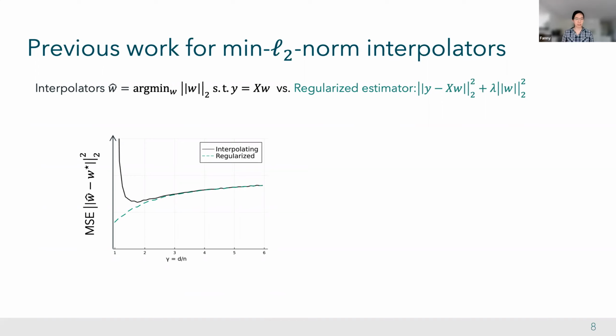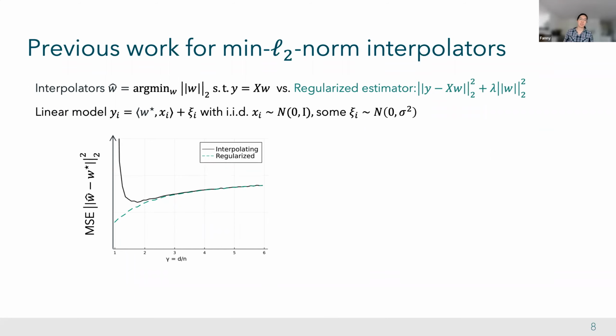So here we have the same picture. Now I cut off the first part, the underparameterized part, that I don't want to discuss. This was the picture that we saw. The MSE of the interpolating solution has a descent after interpolation. And when D over N grows, the regularized estimator performs similarly to the interpolating estimator.